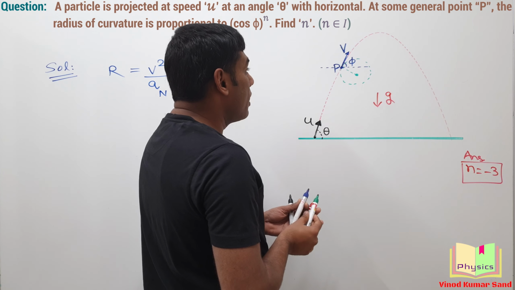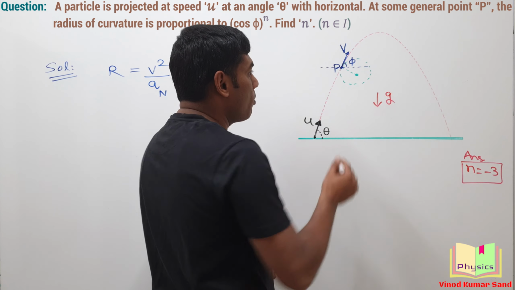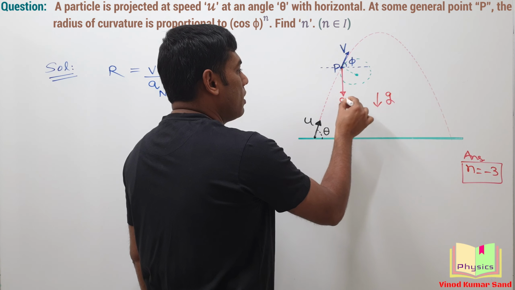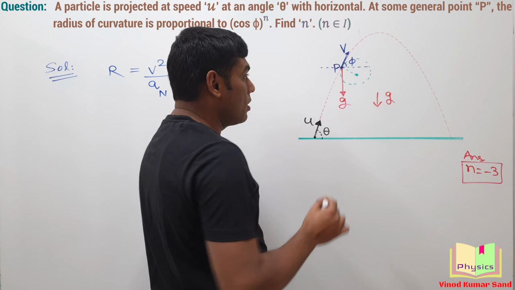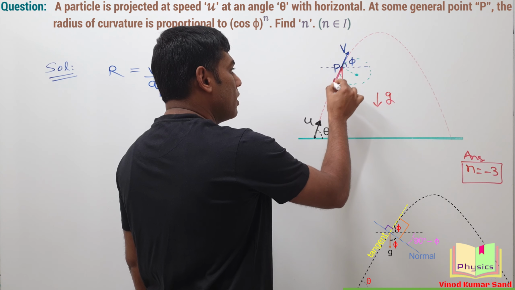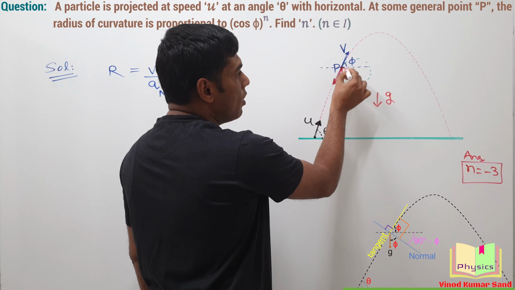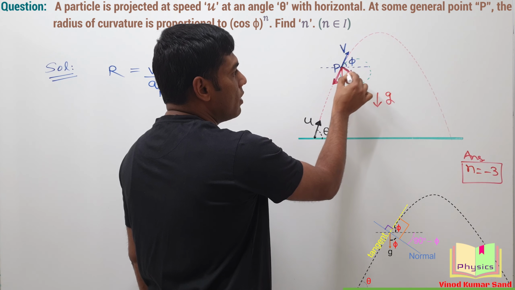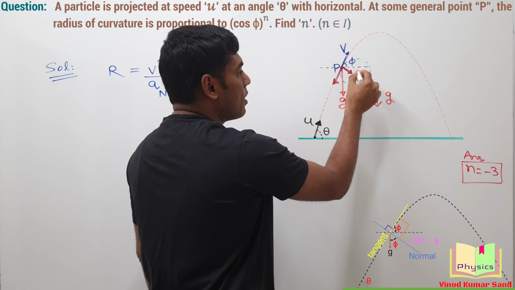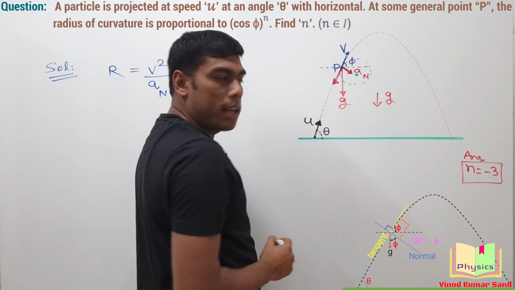Got it? Now, to get the a normal, this g, acceleration due to gravity, will have its components. One component along the tangent to the path and another component along the center of the circle. This component along the center of the circle is known as a normal.